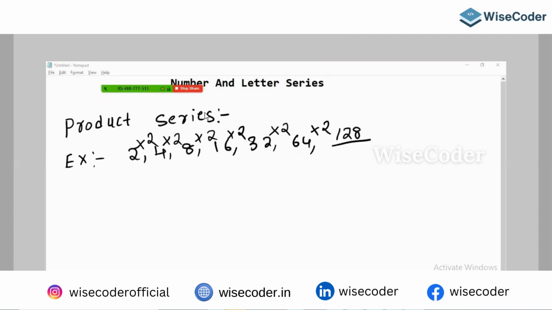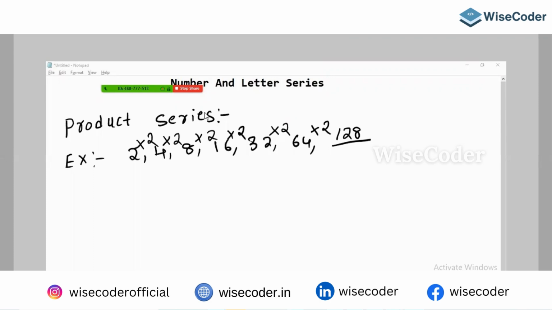So each term is multiplied by a fixed number to get the next term. Yes or no? Similarly, we have series where the number is obtained by dividing the previous term with a constant number.